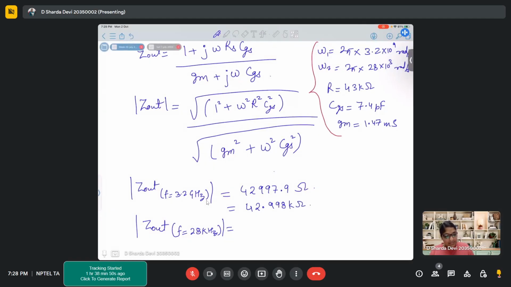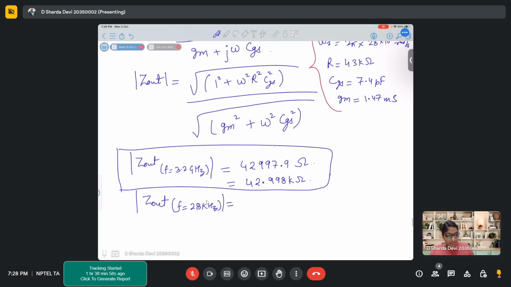Did anyone get this answer for the first part? It is 42.99 kilo-ohms for 3.2 gigahertz. Now in the same expression, we'll change 3.2 gigahertz to 28 kilohertz and again reiterate the calculations. So hope you can do this. What will be the value that you'll get?